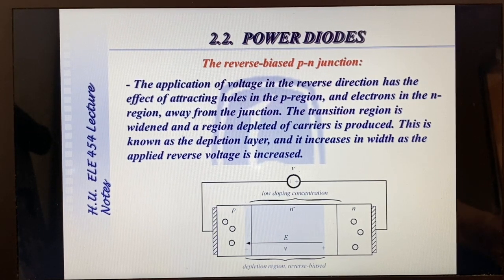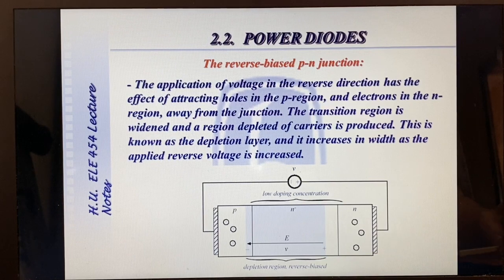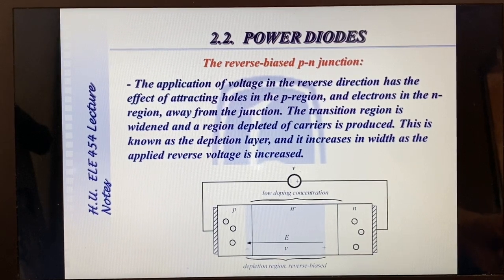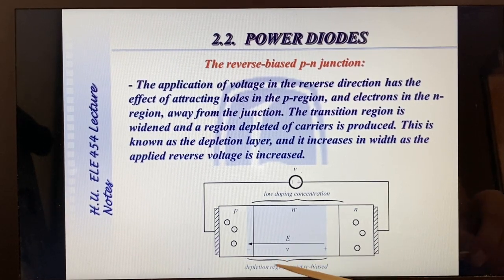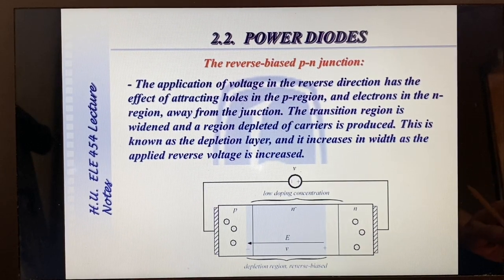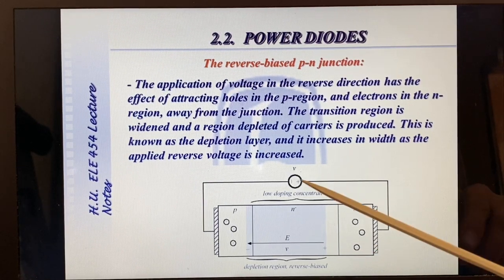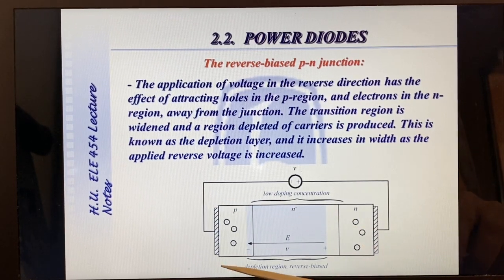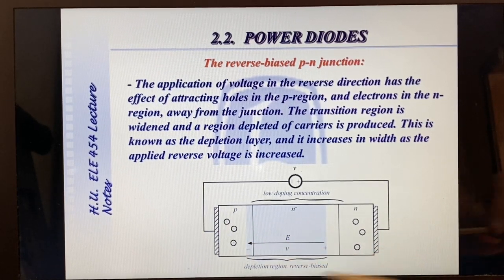One point to note here is that as the reverse voltage is applied to the PN junction diode, that is minus-plus reverse bias, the increase in the reverse voltage magnitude will cause a widening of the transition region here, depleted of carriers. As this region is widened further, if you increase the applied reverse voltage magnitude, at a certain point the depletion region reaches the terminals, shown by hatched parts here.